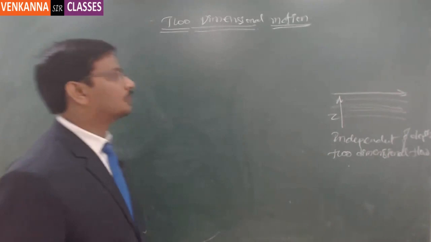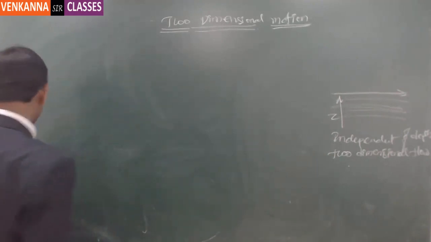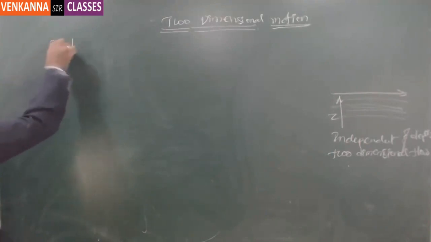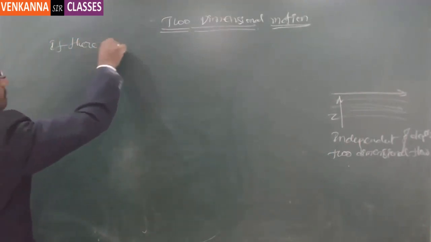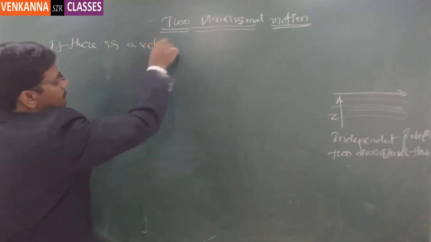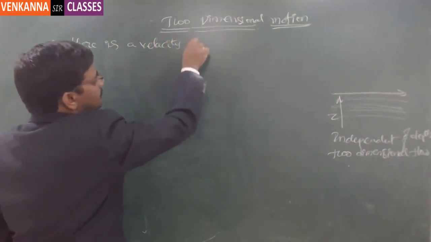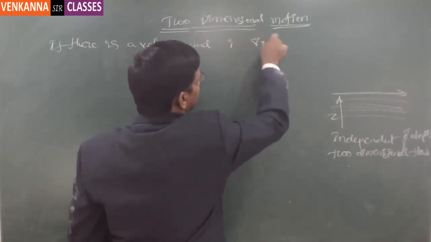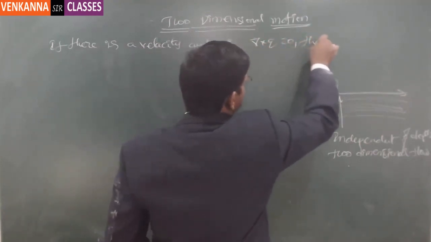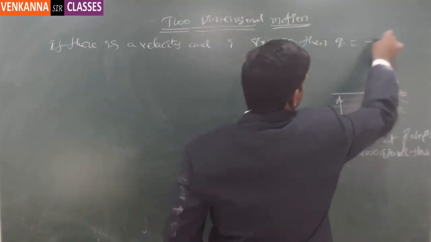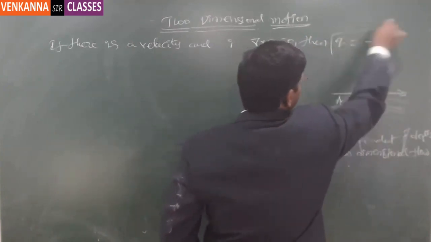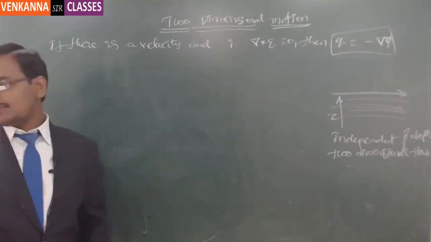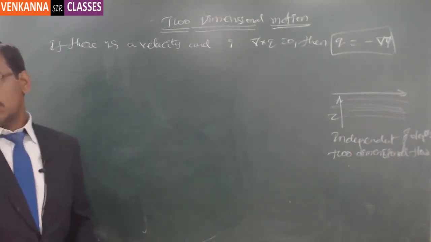Now, this two-dimensional flow is governed by the laws of complex potential. The complex potential we usually represent with W, and if there is a velocity q, and if del cross q equals 0, then q can be expressed as minus del phi. This is the base principle that we are going to use. Q can be expressed as minus del phi if q is irrotational.